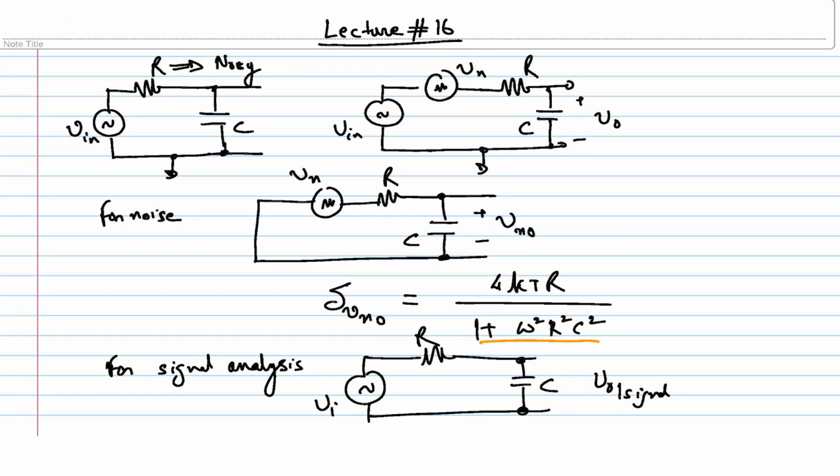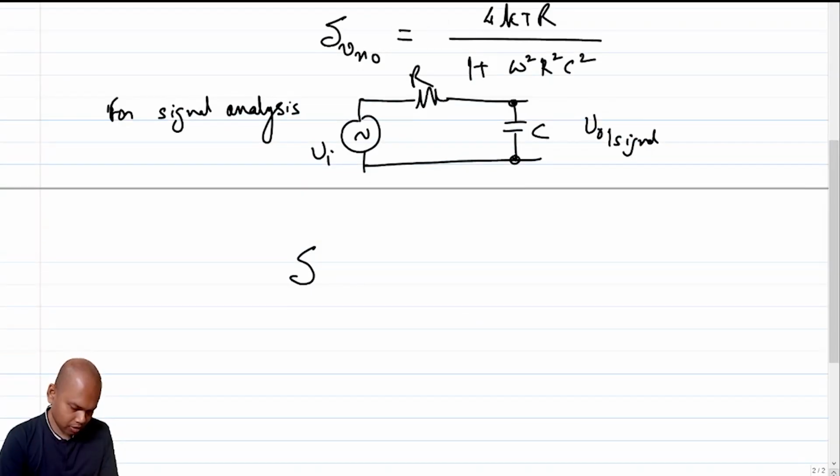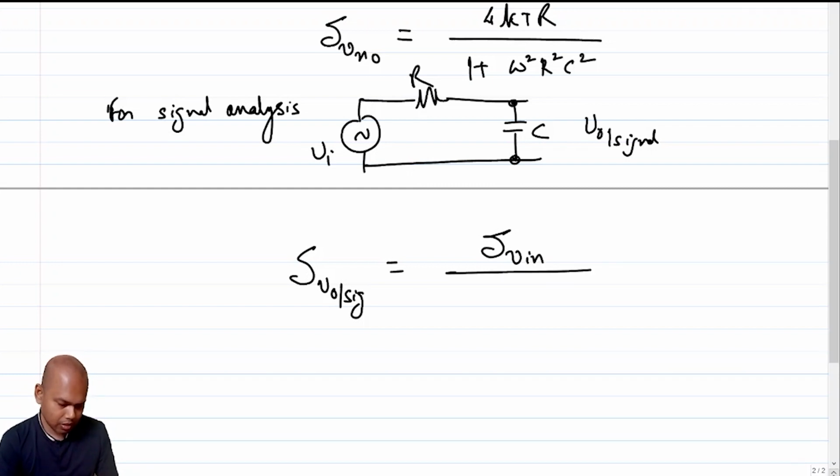It is basically the power spectral density of the input, SVin, divided by the transfer function squared, which is 1 plus omega square R square C square, right?